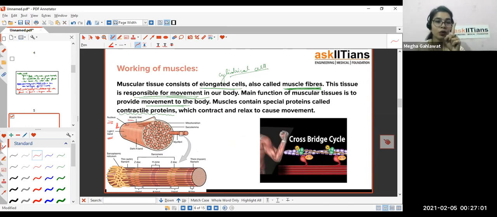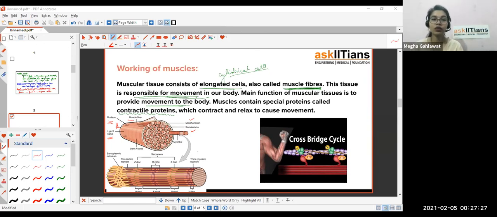One muscle fiber is what we're talking about, which will have multiple mitochondria in order to produce the energy, and will have the sarcolemma. What is a sarcolemma? Sarcolemma is something which forms the tubules in the entire muscle fiber, and it is present at proper intervals, and it helps in the movement of the muscle.